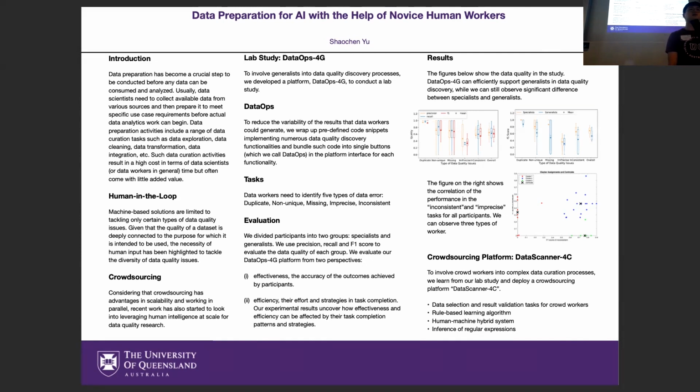We can see many kinds of data quality issues. For example, records can be duplicated and non-unique. It's common to find format inconsistency issues, right? And you can find missing values, or imprecise values. Those data quality issues are very common, and you have to deal with that.